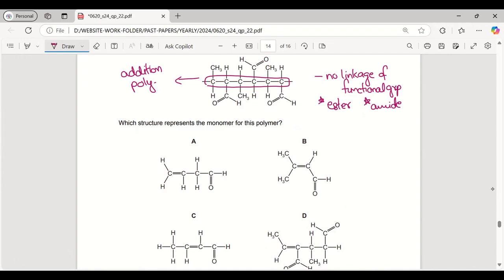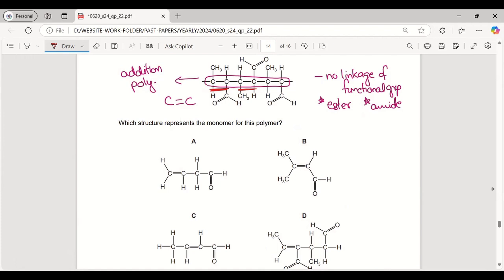So the monomer should be carbon double bond carbon. See, these two carbons are linked with each other. Then these two carbons. See if the same thing is repeating itself in the other repeating unit or not.